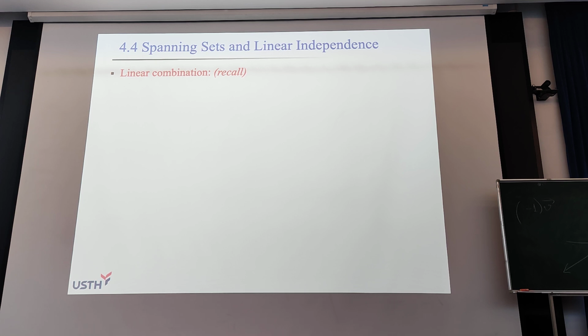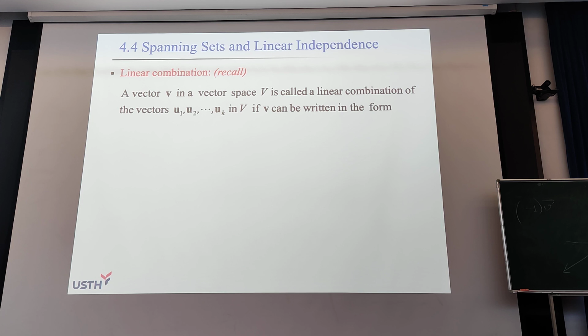Now again, I repeat the notion of linear combination, tổng hợp tuyến tính, which we study from the beginning of today. Suppose that we are given u1, u2, ..., uk in V, and v is another vector.